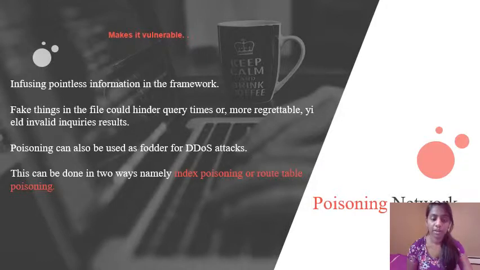This can be done in two ways, namely index poisoning or route table poisoning. As we already discussed, index poisoning refers to inserting fake information into the index. Route table poisoning refers to getting fake records into the route table of the peer-to-peer network.